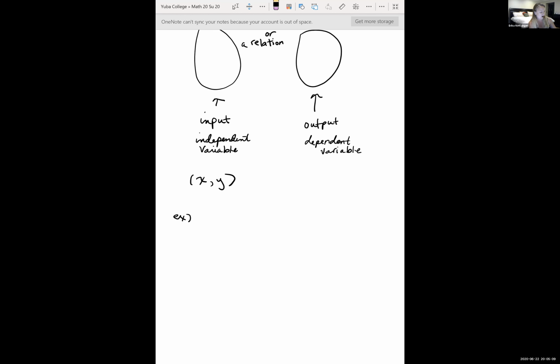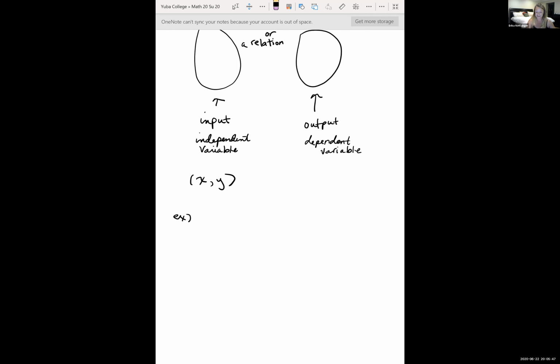Holding pressure constant at 14.5 pounds per square inch, the chemist measures the density of the oxygen sample at temperatures of 22, 40, 70, and 100 degrees Celsius, and obtained the densities of the following: 1.411, 1.305, 1.229, 1.121, and 1.031 kilograms per meter cubed, respectively.